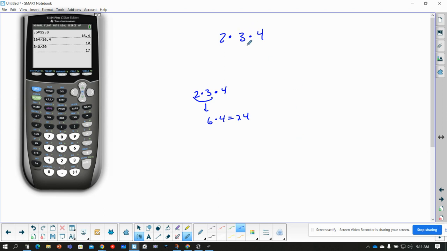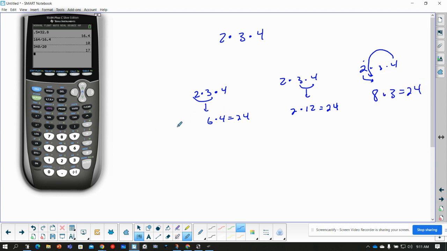Well, what would happen if I did the 3 times the 4 first and got 12? 2 times 12 is also what? 24. Well, what would happen if I did the 2 times the 4 first? 2 times 4 is 8. 8 times 3 is 24.